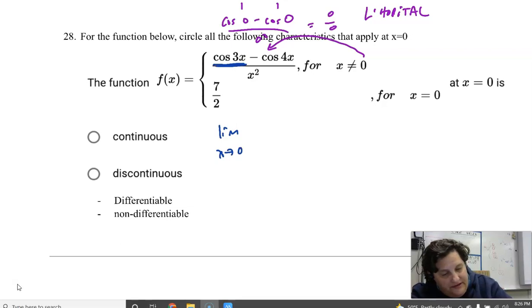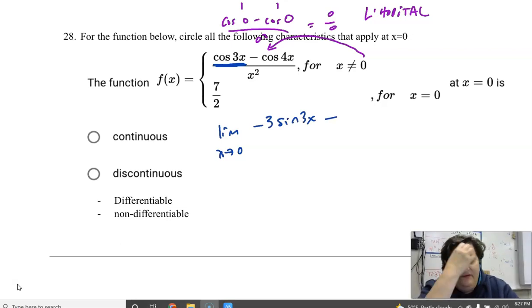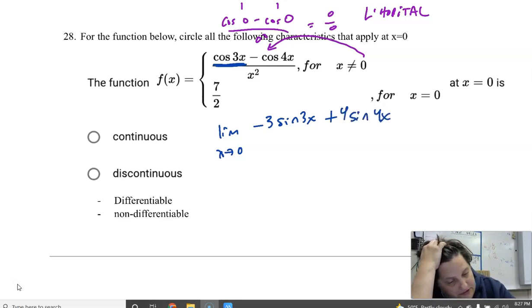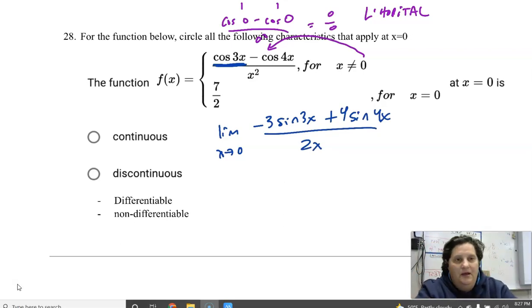Okay, derivative of cosine is negative sine 3x times 3. The derivative of cosine is negative sine 4x times 4. So negative turned into a positive. The derivative of x squared is 2x. Whew. Unfortunately, I'm going to have to do this one again. I can already tell because it's 0 plus 0 over 0. So that's fine.